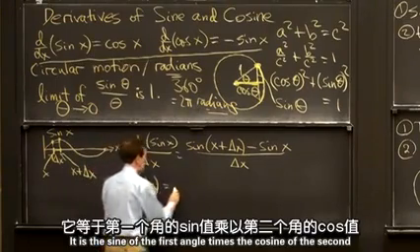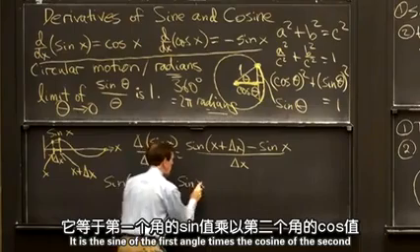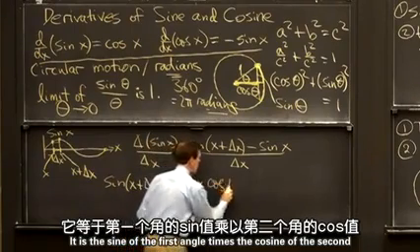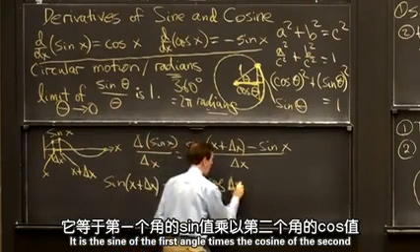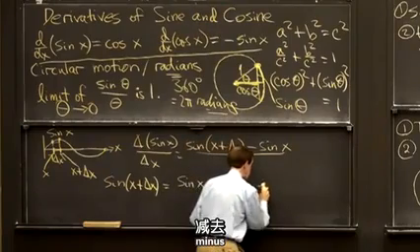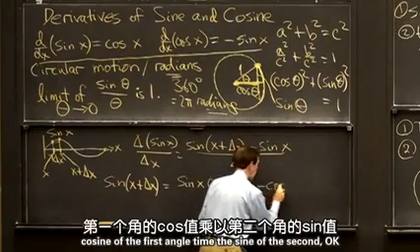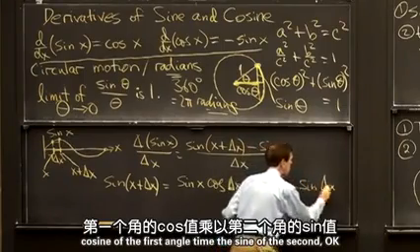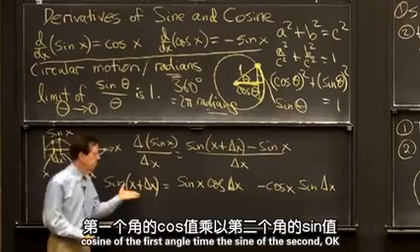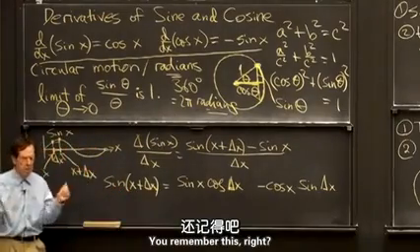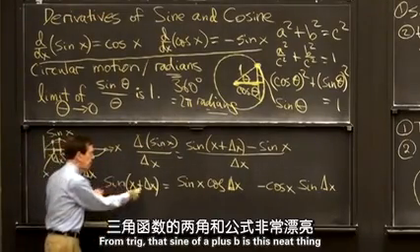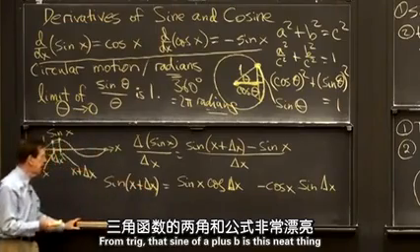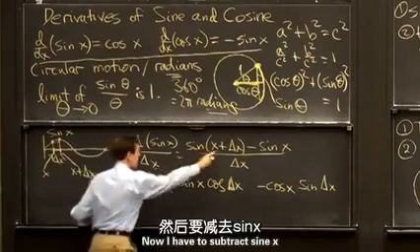It is the sine of the first angle times the cosine of the second minus the cosine of the first angle times the sine of the second. You remember this, right? From trig. That's sine of a plus b. It's this neat thing. Now I have to subtract sine x.